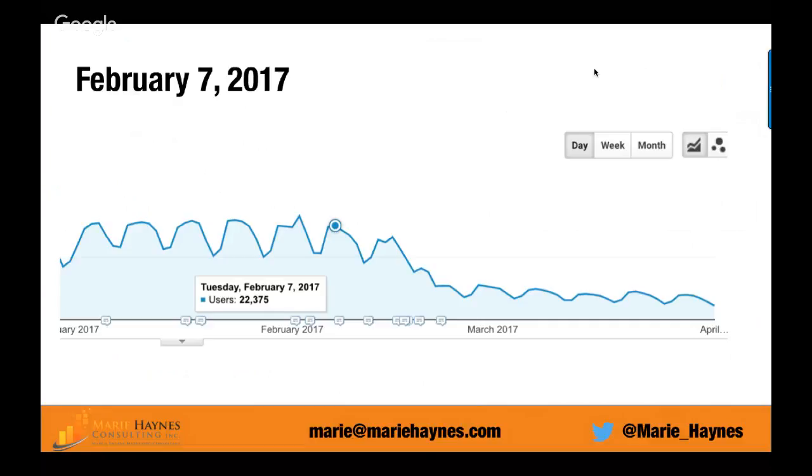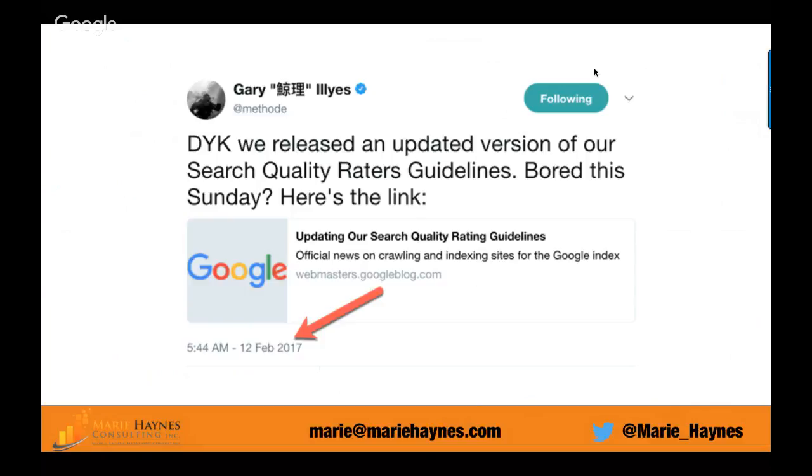But really things started February 7th. And so in my opinion, this is again connected to the Quality Raters Guidelines. Here is a tweet that came out from Gary Illyes, who is a Google employee, and he tweeted this 5 days after this update happened.